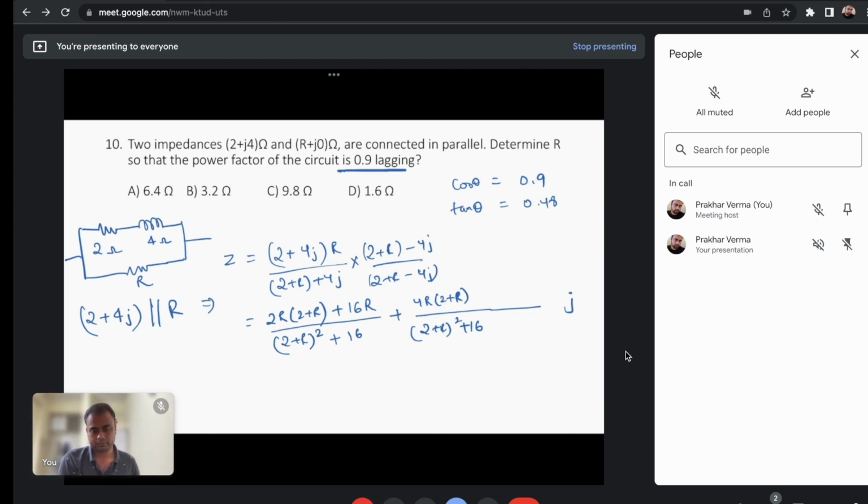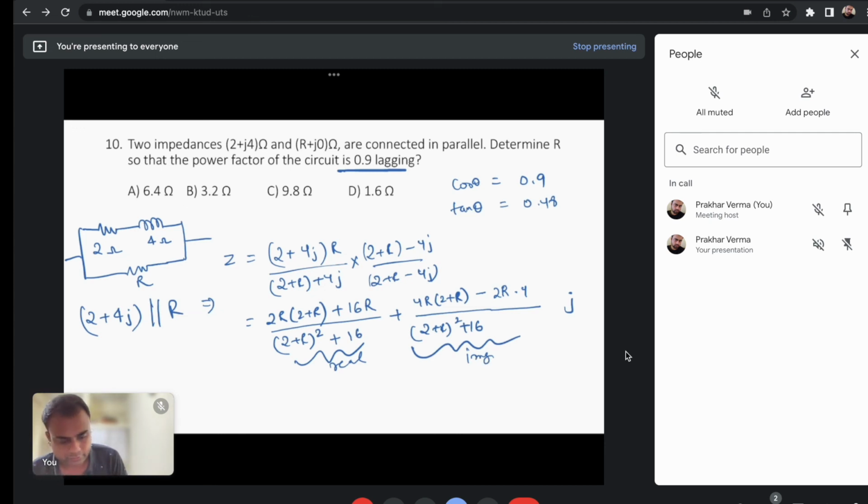Hopefully I am doing this right. 2R multiplies with the real part, and 4jR multiplies with minus 4j to become positive. 2R multiplied with this, yeah, that term was forgotten, so it will be minus 2R into 4. So this is the real part, this is the imaginary part.